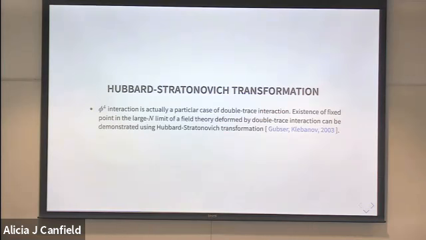If O has a dimension delta which is less than d over 2, then you can deform your CFT by the operator O squared, and it will activate an RG flow. Now O squared is a double trace operator because O is a singlet, like a trace operator. If n is large, then there is quite a general argument which you can make using the so-called Hubbard-Stratonovich transformation, that your theory will arrive at a new fixed point in which the dimension of O, instead of being delta, will be d minus delta.